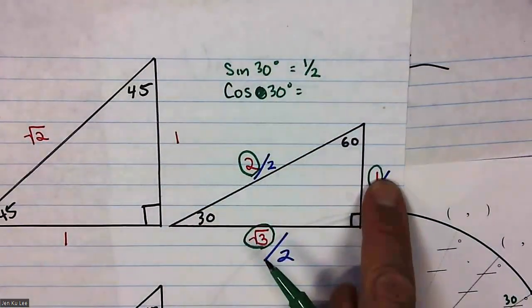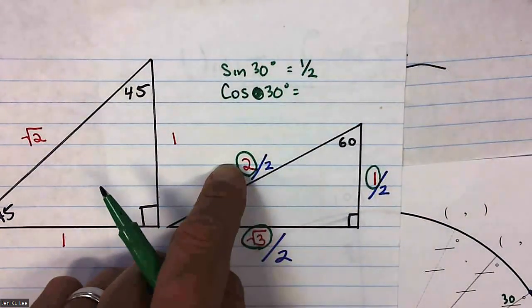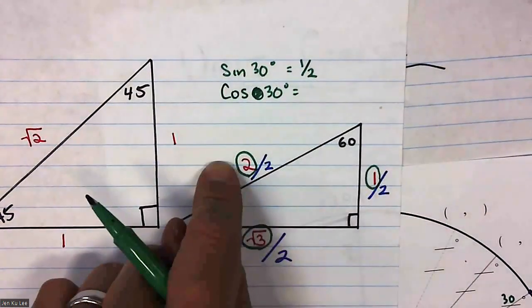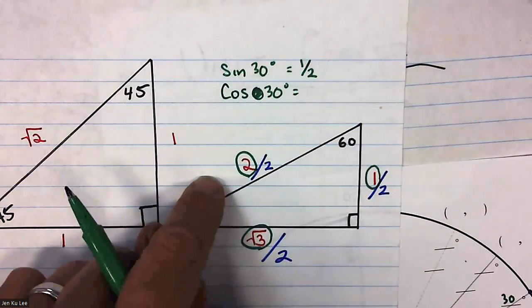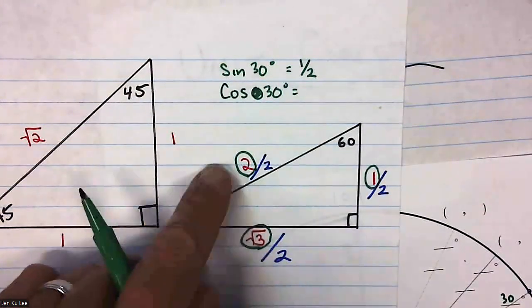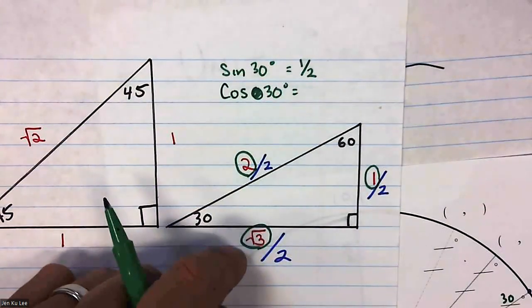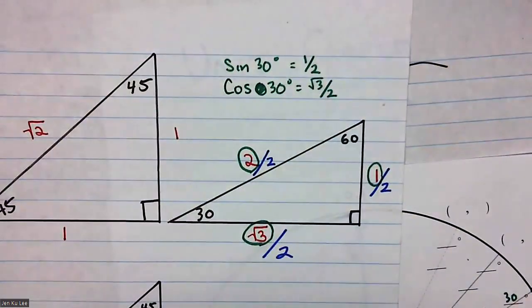Because it's opposite over hypotenuse, or y over r. Cosine of 30 is x over r, or adjacent over hypotenuse. So it's square root of 3 over 2, right?